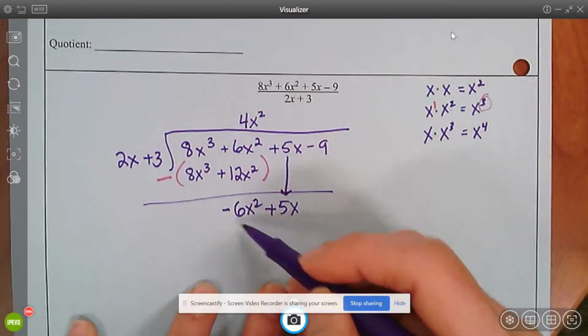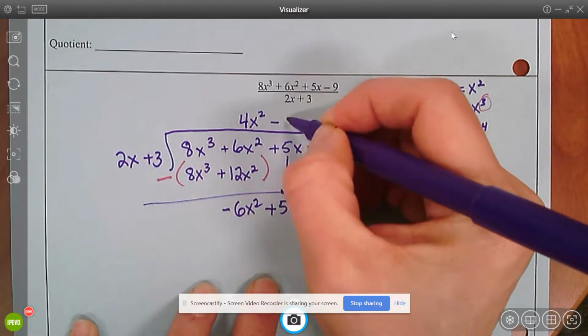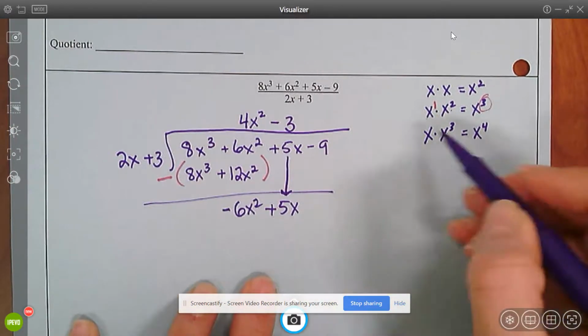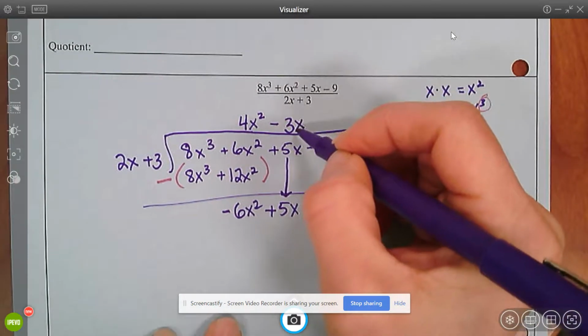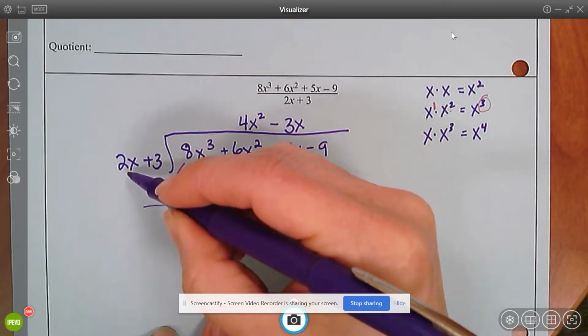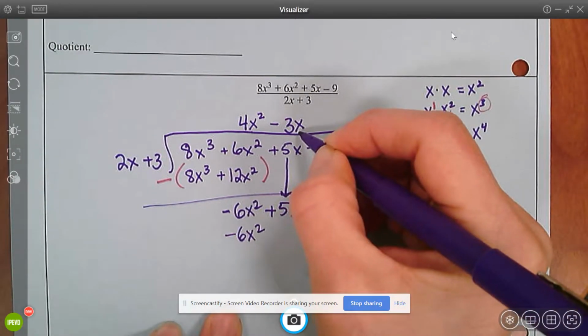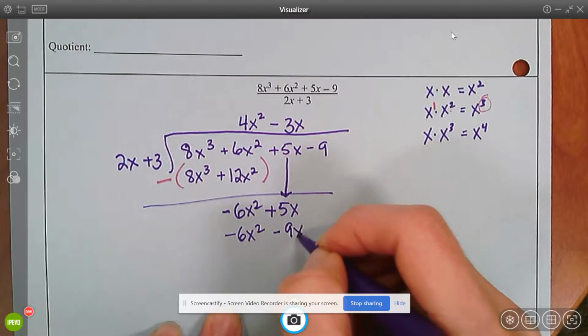Something times 2x is negative 6x squared. Negative 3 times 2 is negative 6. I've got this 1x, so that means another x would give me an x squared. Negative 3x times 2x is negative 6x squared. Negative 3x times 3 is negative 9x.